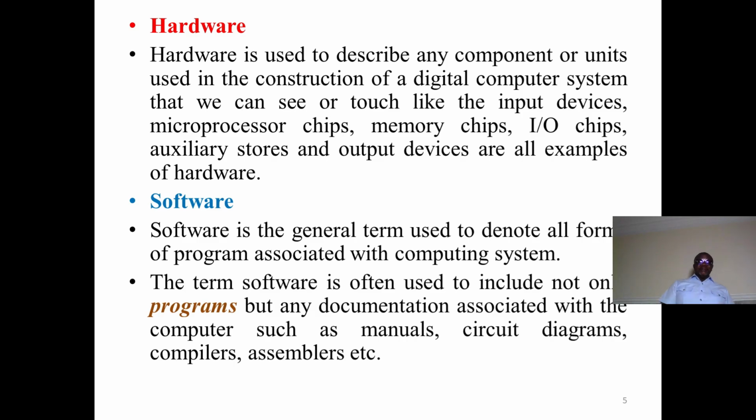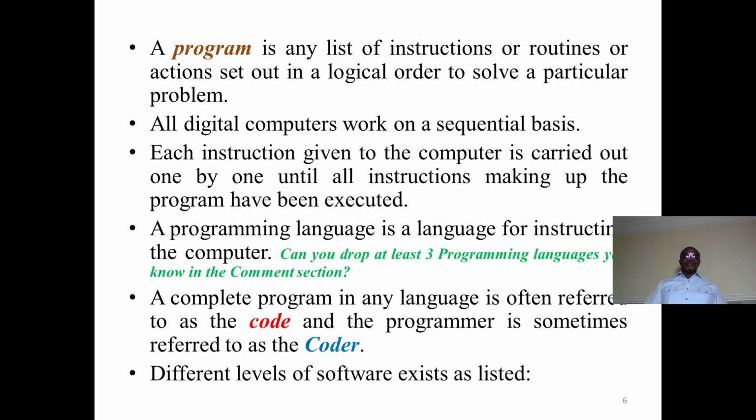The software is the general term used to denote all forms of program associated with computing system. The term software is often used to include not only the programs, but any documentation associated with the computer, documentation like manuals, circuit diagrams, compilers, assemblers, and so on.